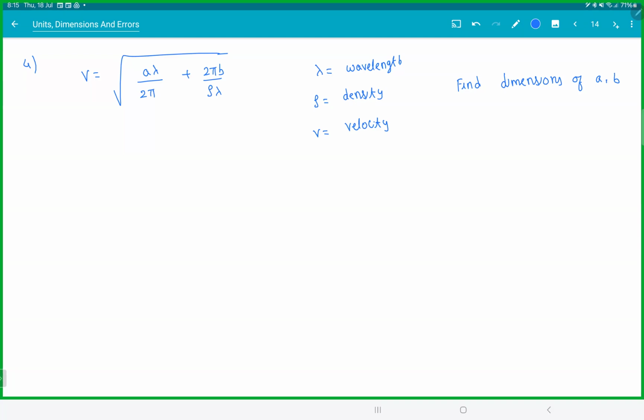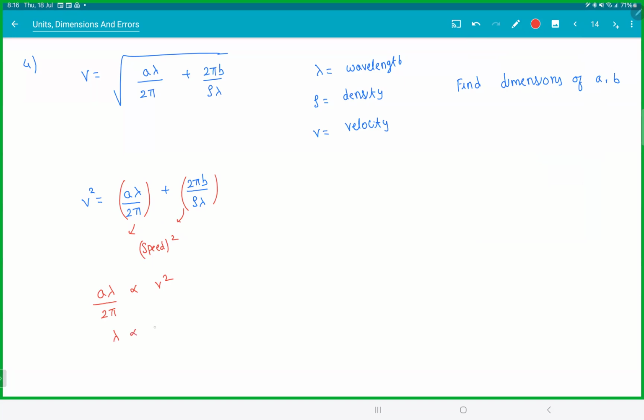Let's see. The square is on both sides. We get v square is A lambda by 2 pi plus 2 pi b by rho lambda. So basically this and this guy has a dimension of speed square. So A lambda by 2 pi is proportional to v square.